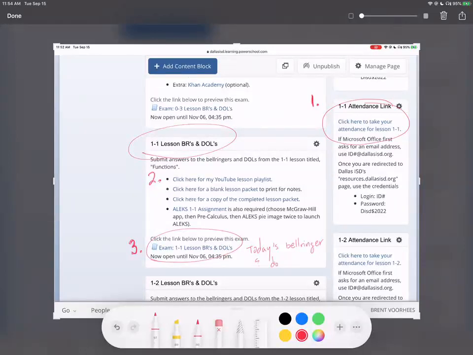And DOL from, and I'm going to put YT now, because it's going to be on those YouTube videos you watch, is where the DOLs will come from for this. And then finally, the fourth thing you're responsible for is you have an Alex assignment. Now we talked about this a few times, but I'm going to keep mentioning it until we all know it. When will these two things be due?